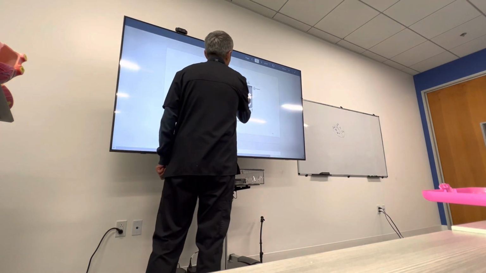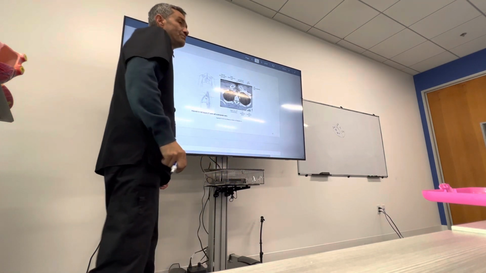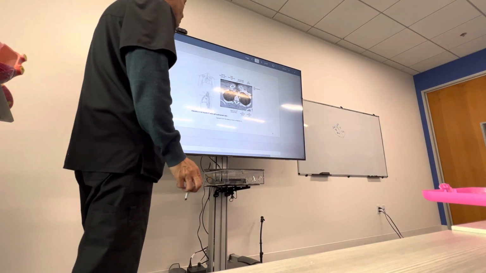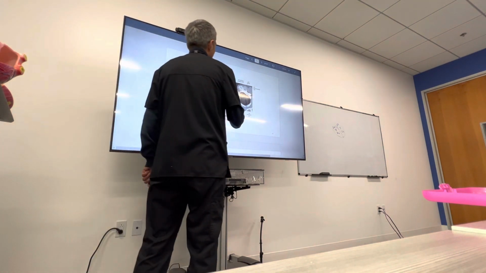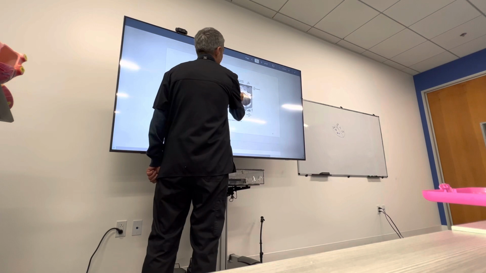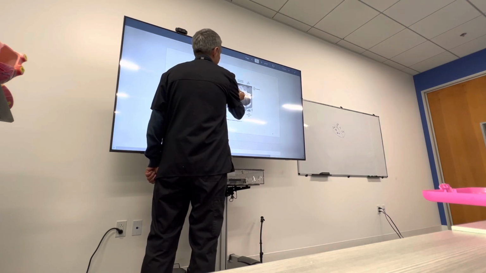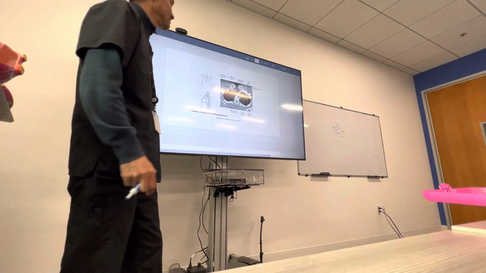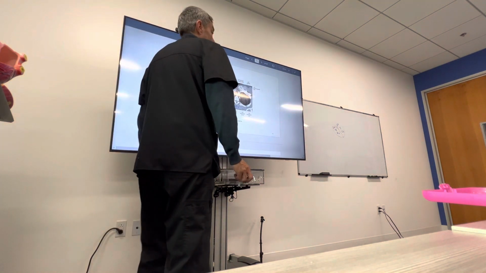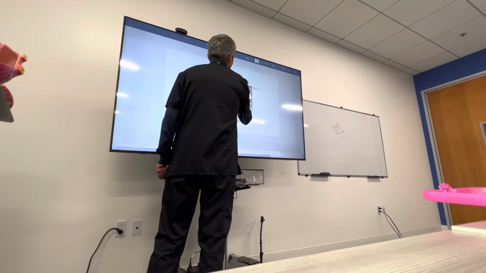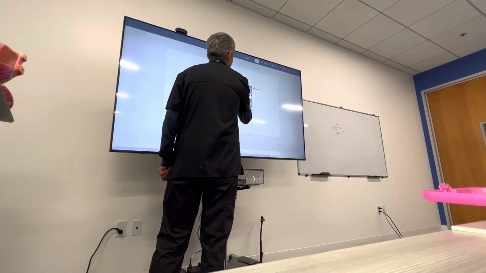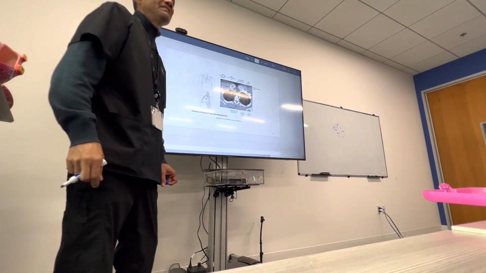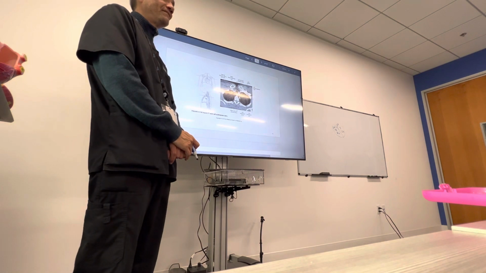That will be the left brachiocephalic, or the right brachiocephalic. And of course, if you move toward anterior from the right side, you are going to see the right common carotid artery. That will be the left common carotid artery and the left subclavian vein.